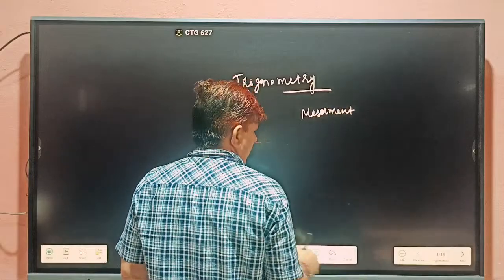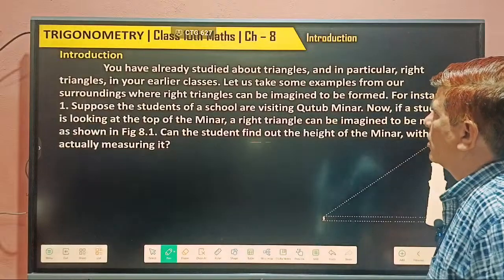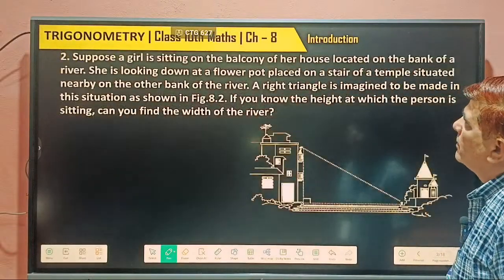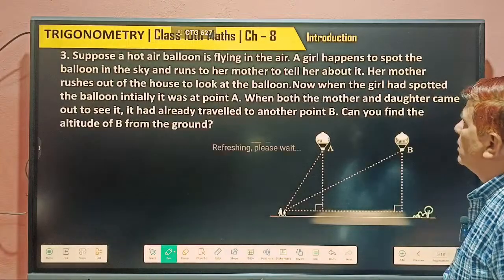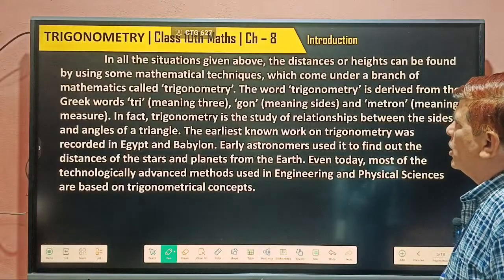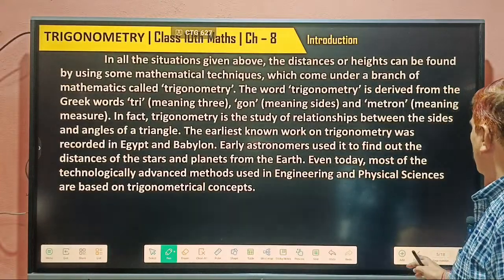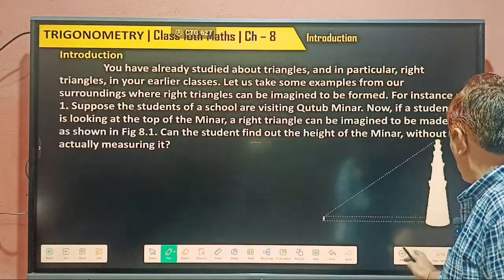What's the meaning of tri? It means 3. And "metry" means measurement. And "gon" means sides, and a triangle has three. So trigonometry is what? Tri means 3, gon means sides, and metron means measure.